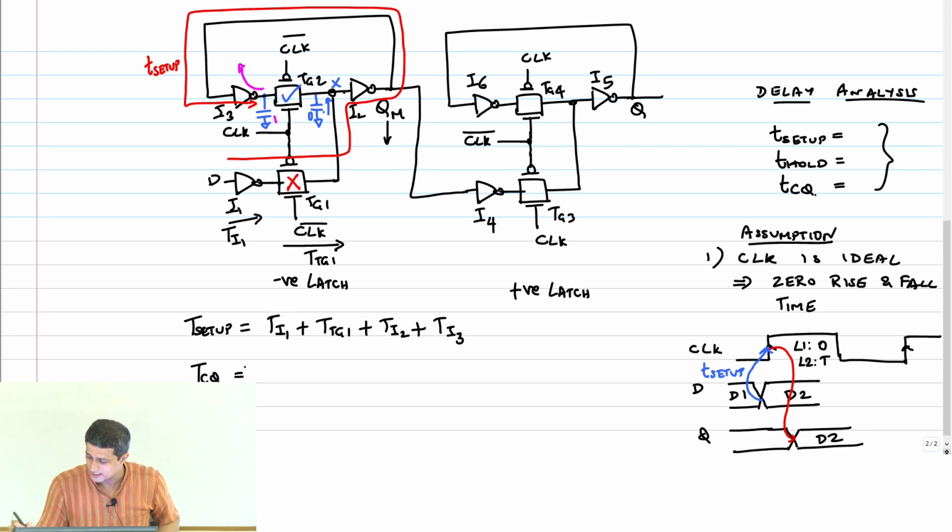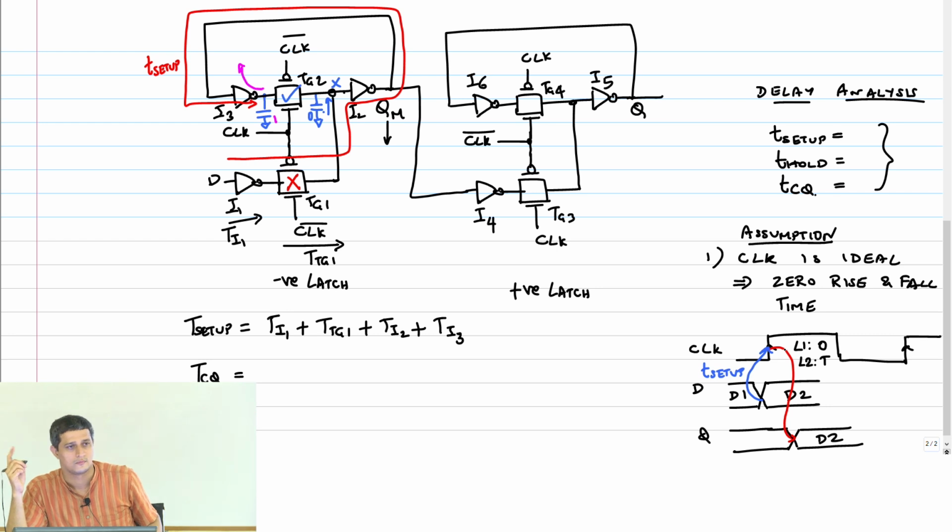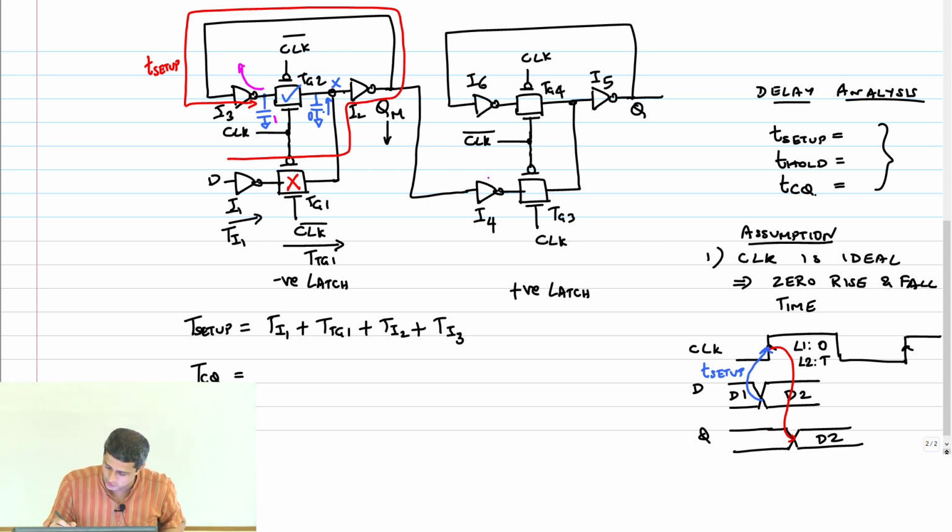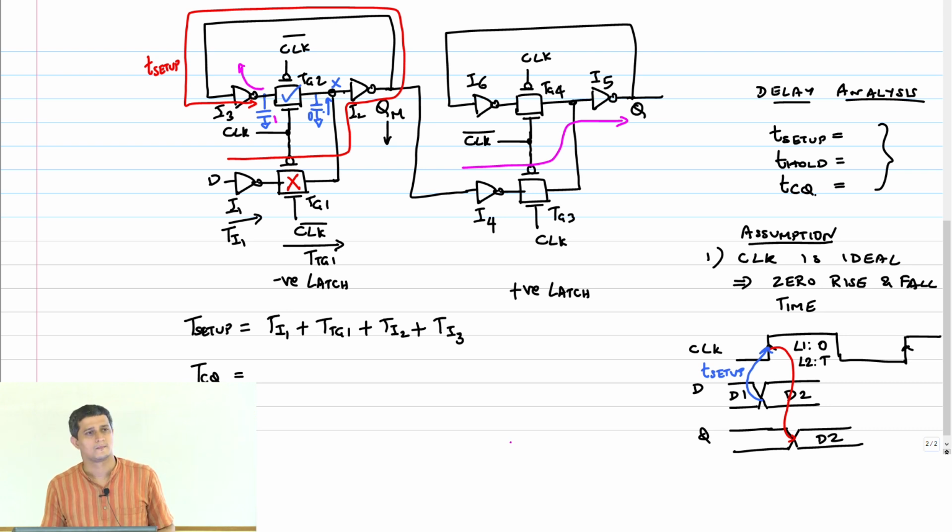Remember, now the clock has gone high, which means L1 is opaque, L2 is transparent, right? So what do you think will be the, I4 plus TG3, okay? So you're saying that this is that right?